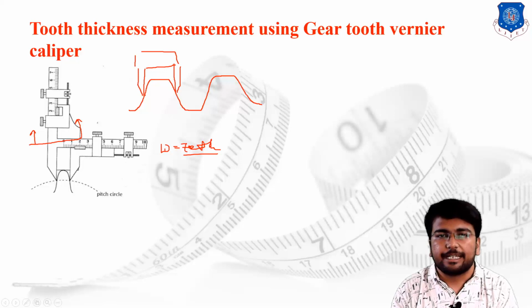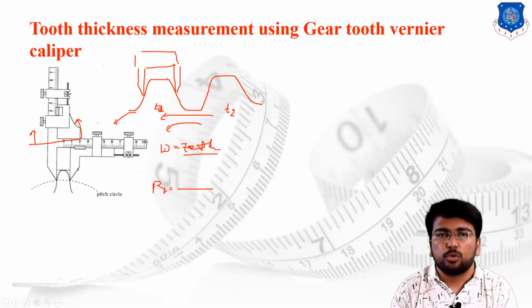Once the reading has been done, I will note this reading as, let's say, R1. Then I will simply rotate the gear and tooth number 2 will come into the picture. This is tooth number 1, which was passing through the vernier caliper, and tooth number 2 will come into the position of tooth number 1. Now let's say this is tooth number 2.